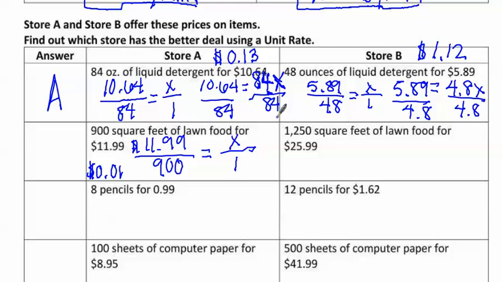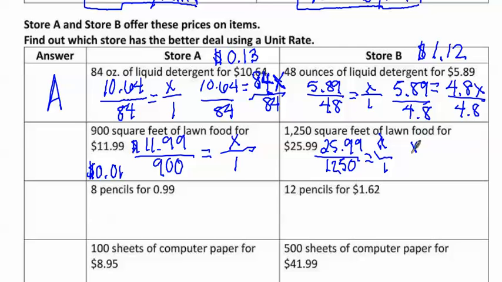In store B, you have $25.99 for every 1,250 square feet of lawn. So you want to find out how much it is for every 1 square foot.